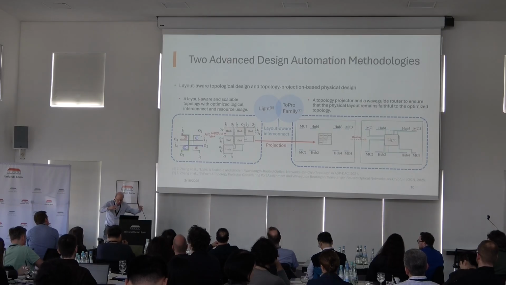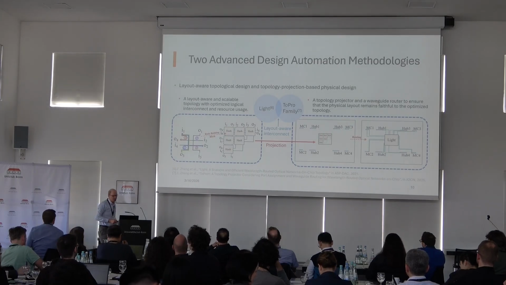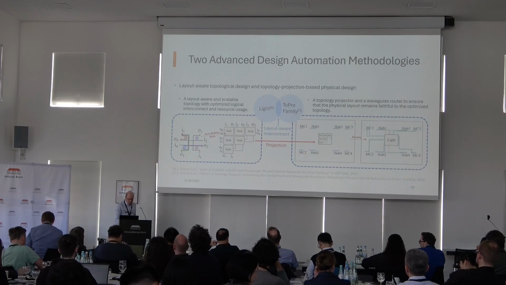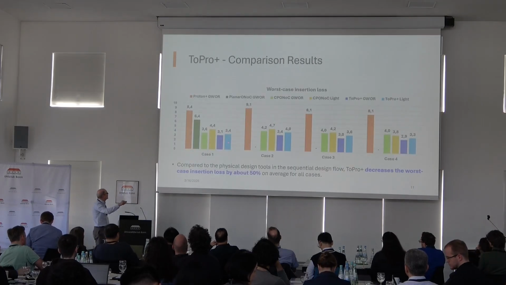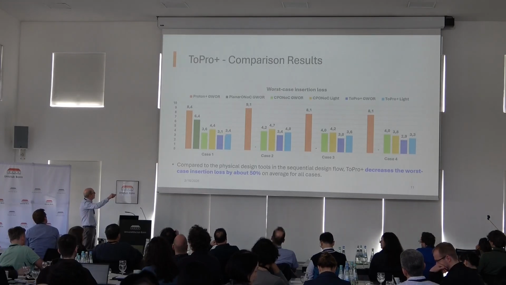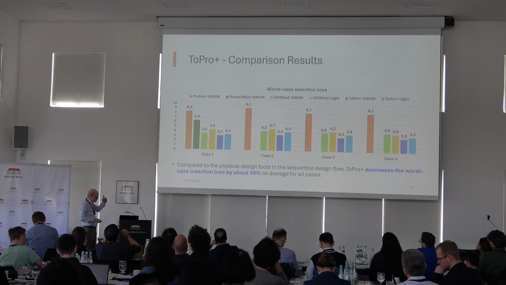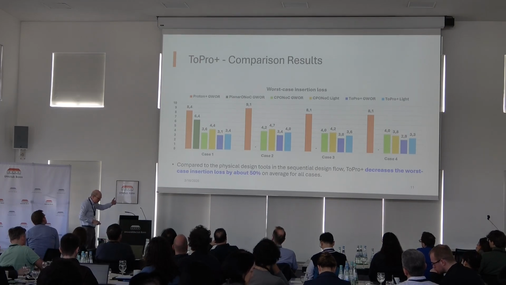So the structure of the topology of the netlist is actually maintained when we go into the physical design. That's the key idea here. And this is the result of this topology projection, which is the insertion loss, a measure for the optical power that we need in the system.